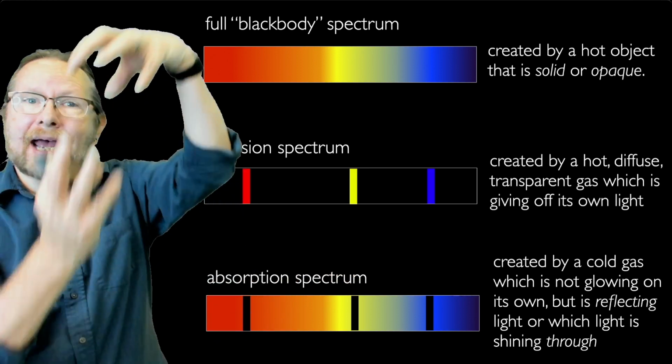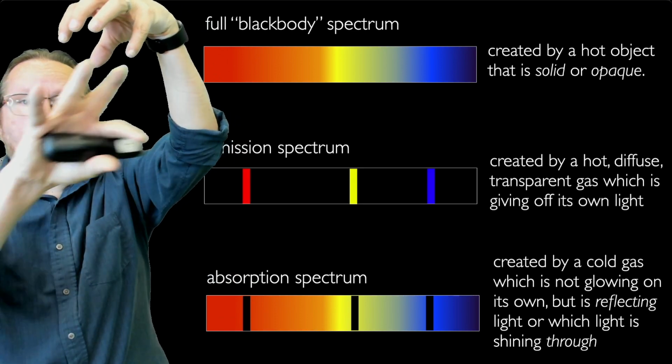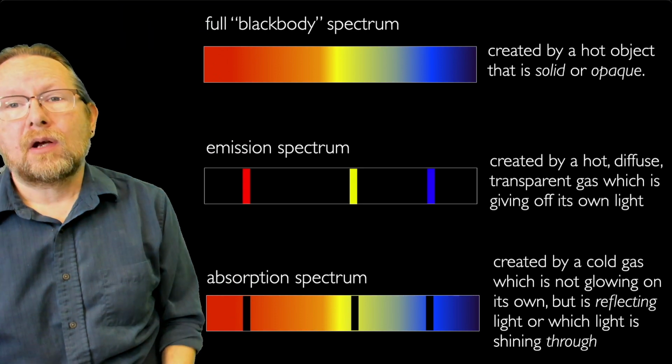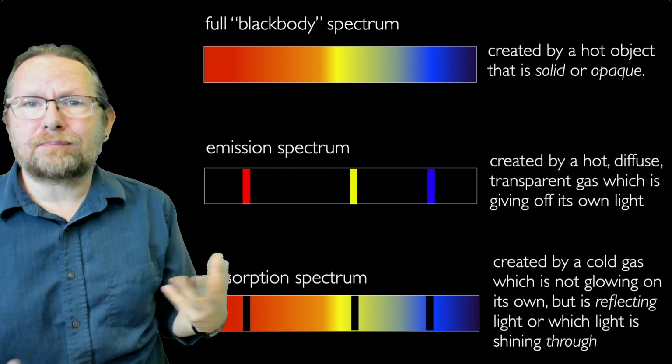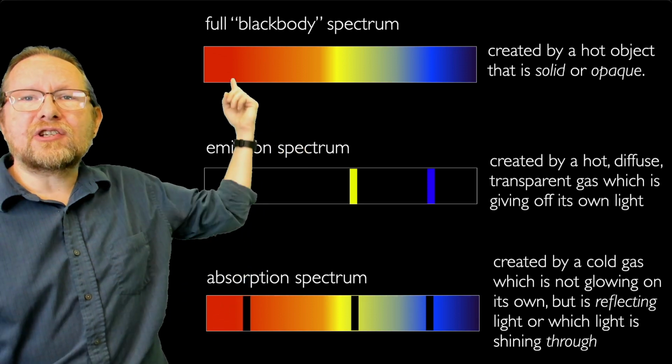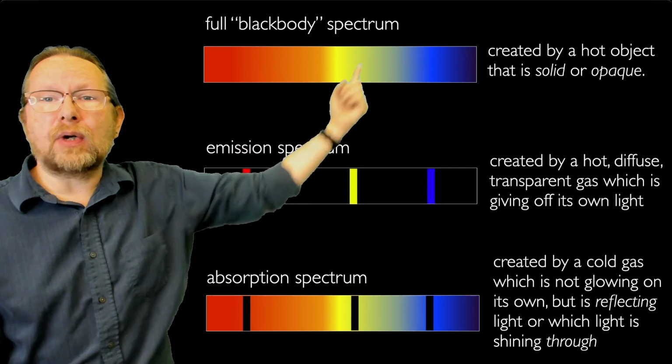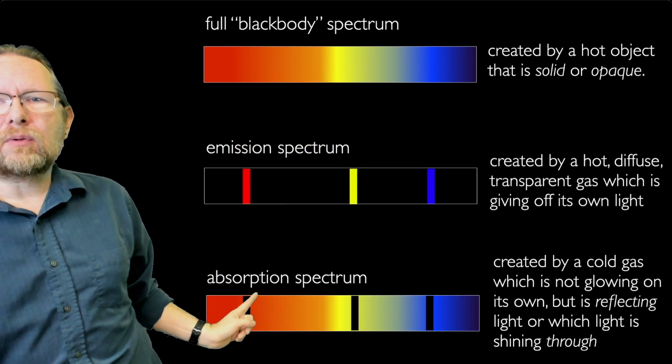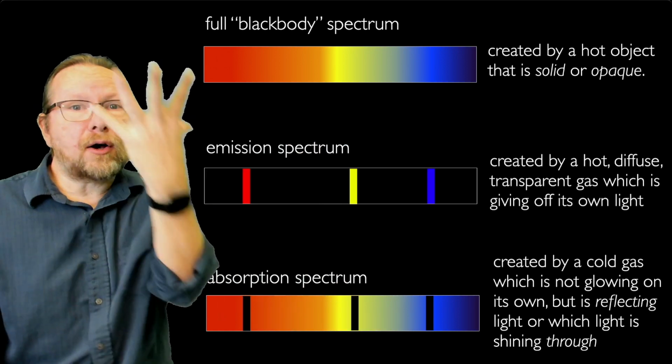If we take gas and we shine white light through it, a cold gas that's not being excited to give off its own radiation, what we see is the spectrum of light that we pass through it has certain frequencies or wavelengths of light absorbed from it.